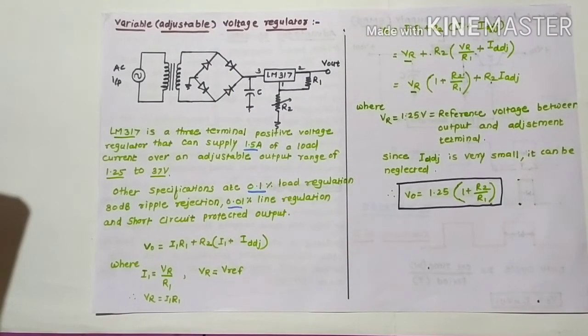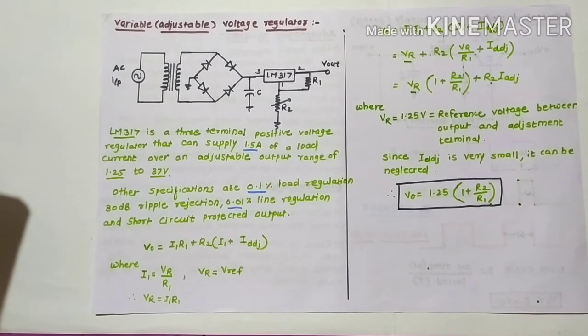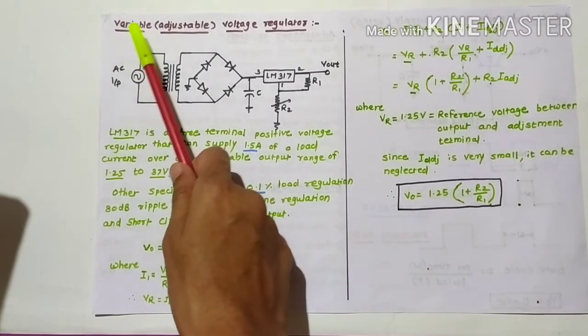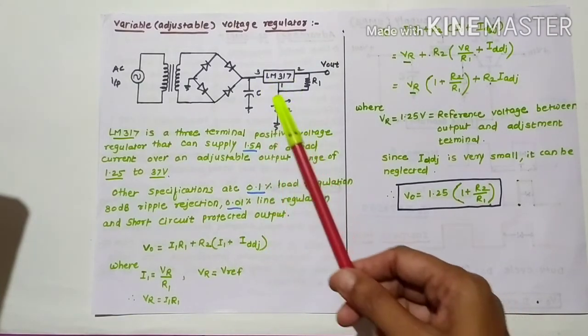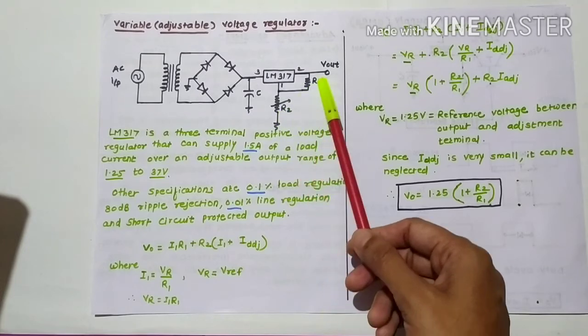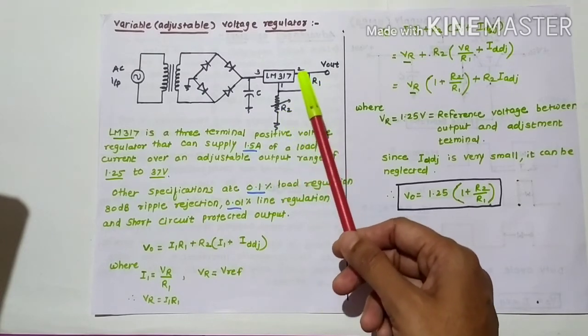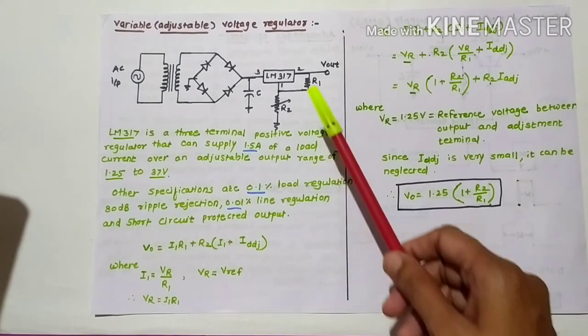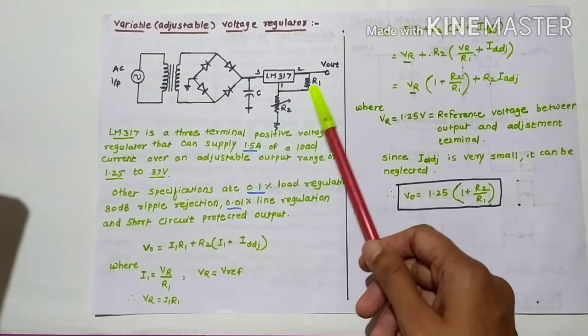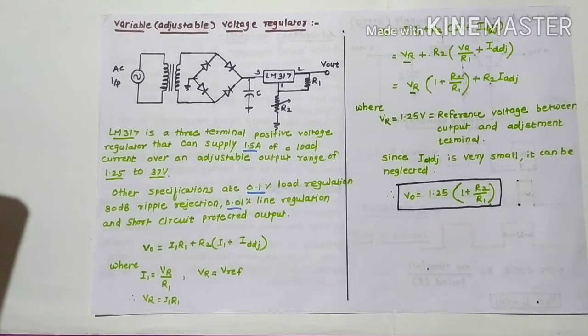Now students, the next problem is on the variable adjustable voltage regulator, meaning the voltage regulator using IC LM317. Remember these two, R1 and R2, both resistors are different. R2 is variable, R1 is fixed.